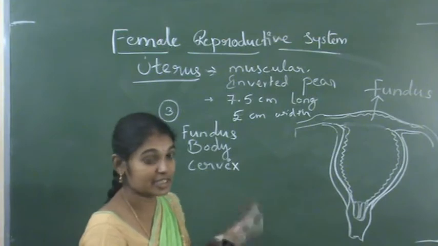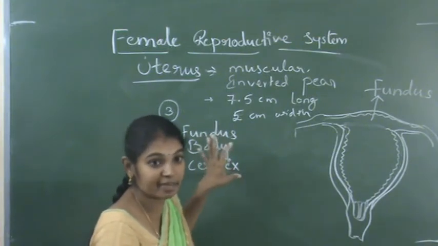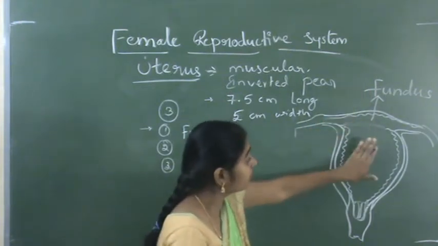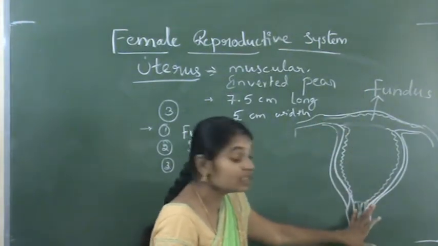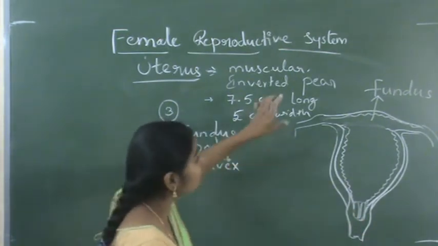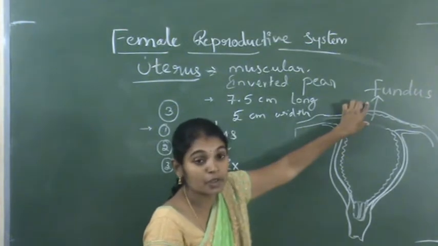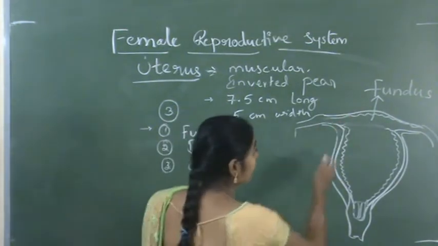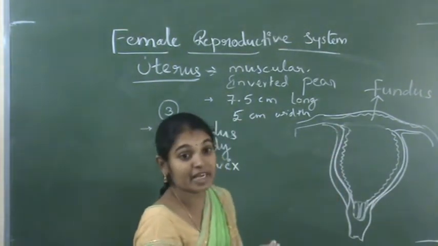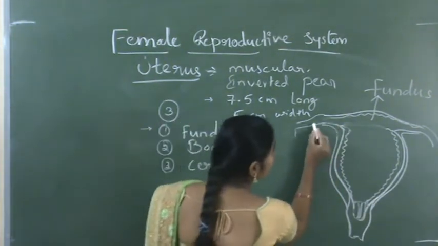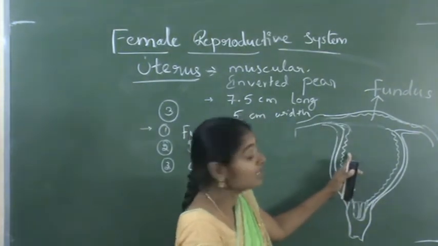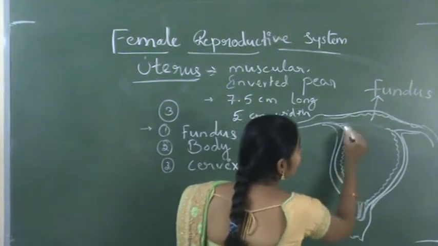So the three parts are fundus, body, and cervix. The fundus lies above the place where the oviducts enter the uterus.